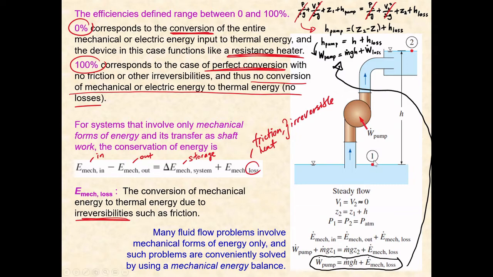As a result, the velocities V1 and V2 are almost equivalent, near to zero, and can be cancelled out as well. So you end up arranging this equation as H pump equals Z2 minus Z1 plus H loss. If you want to convert it into power, you just multiply with mass flow rate and gravity, so you get this equation. It's the same equation written here. This is how these equations are obtained.